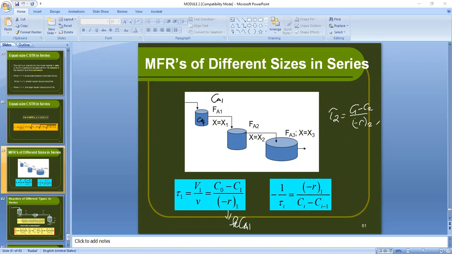The reason it's 2 is not because it's tau 2. Although you're right that it's the same rate law in form, it's not the same. It should be C sub 1 minus C sub 2 over k, first order again, but this time C A2, which is the concentration here.